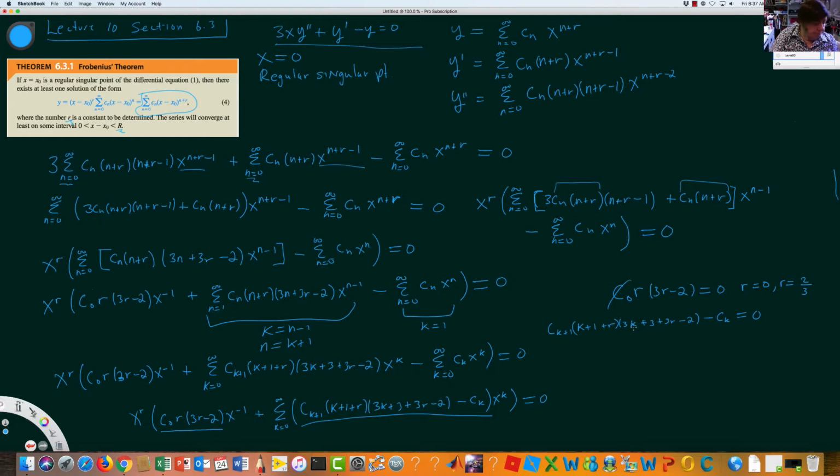Okay, let's do it. First I'll write them down, and then we've got to go to a new layer. I might just erase because it's kind of a mess. All right, so for r equals 2/3, we'll just pick that one, we get c_{k+1} is equal to ck over (3k plus 5) times (k plus 1).